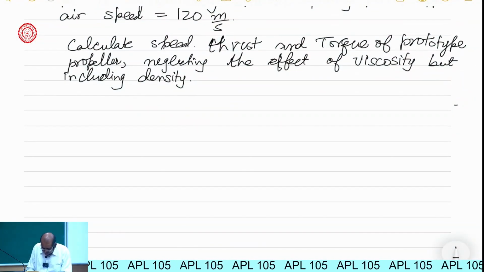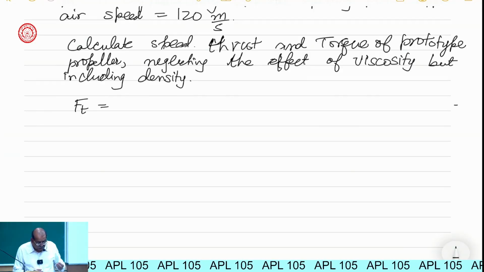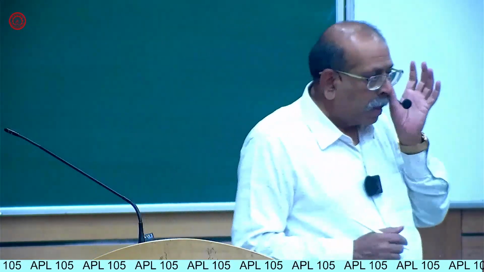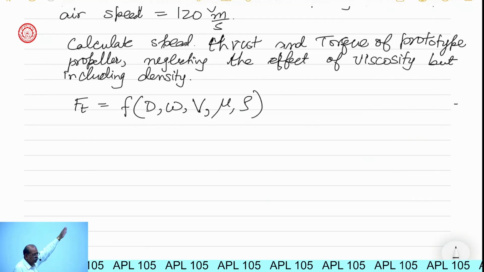So now, if we look at, let's say the thrust first, and the torque will follow a similar thing. This is a function of diameter, the angular velocity of this thing, the approaching velocity, mu and rho. If it was only this problem, I could have neglected mu.